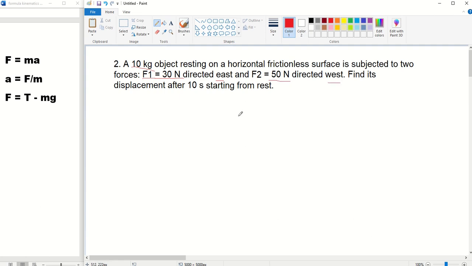So, ngayon, let's illustrate muna. So, let's create a diagram first. So, meron tayong frictionless surface. Kunyari, frictionless yan. And then, meron tayong object na 10 kilograms na nandyan. So, meron tayong force 1, 30 newtons directed to the east. So, dito siya papunta sa east, sa right direction.